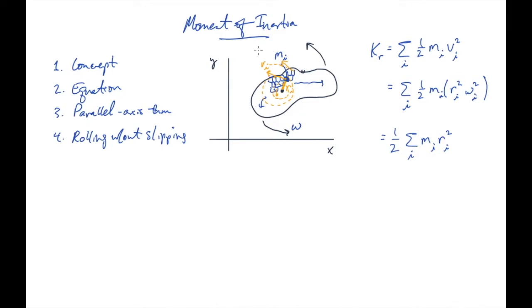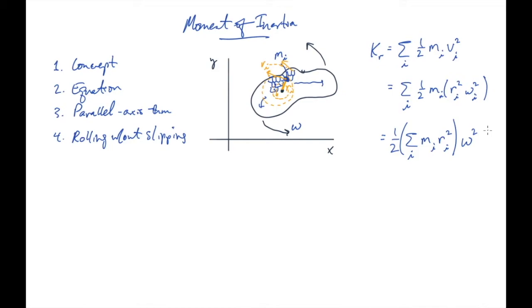If the whole thing is rotating together, every piece of it has the same angular velocity. Different pieces might have different distances from the pivot, different r values, but they'll all have the same omega. So I can collect all of this stuff together and have one common omega. And now we see the equation that we need.